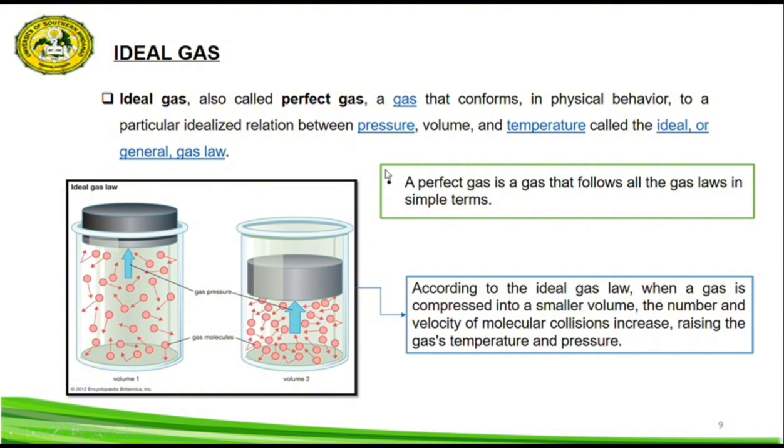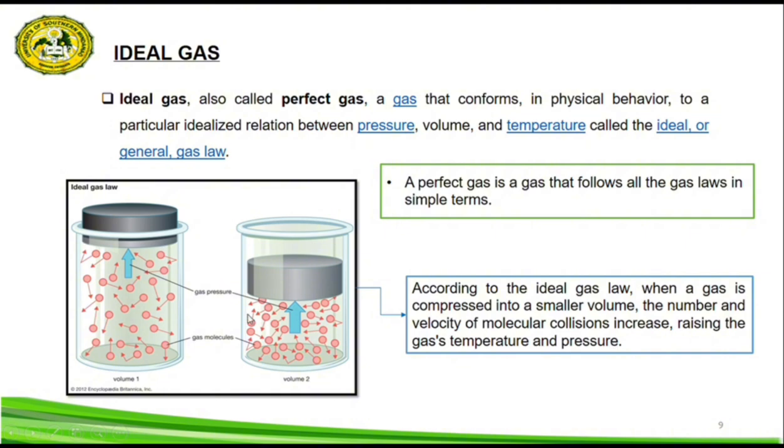In simple terms, a perfect gas is a gas that follows all the gas laws, from Charles's law and Avogadro's law to all the laws about gas. According to this figure, under the ideal gas law, when a gas is compressed, pushed down into a smaller volume, the number and velocity of molecular collisions increase, raising the gas's temperature and pressure.